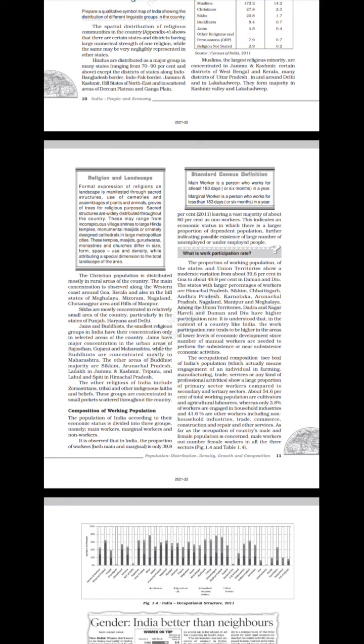These may range from inconspicuous village shrines to large Hindu temples, monumental masjids, or ornately designed cathedrals in large metropolitan cities. These temples, masjids, gurudwaras, monasteries, and churches differ in size, form, space use, and density, while attributing a special dimension to the total landscape of the area.